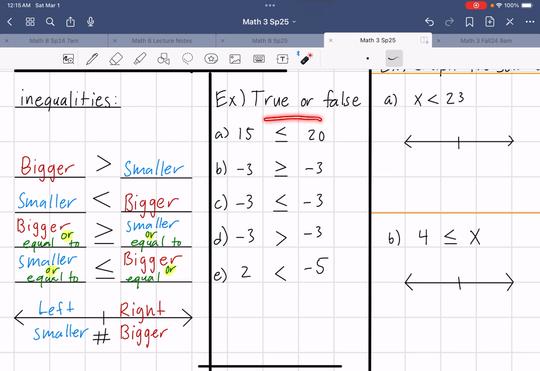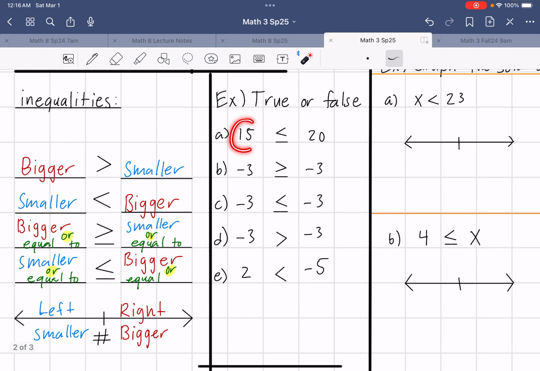So if you look here, and this is what I meant, when we get to this example of true or false, you can pause this video and try to answer these. If you can, great. If you can't, it's great too. You'll be able to see how we go through this. Now, this very first one, it says 15 is smaller, 20 is supposed to be bigger, or equal to.